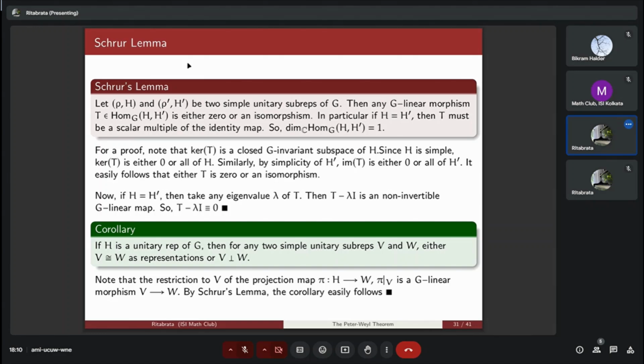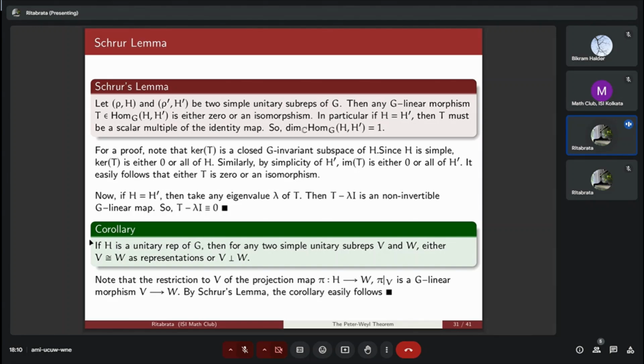That's it. It means that between the same simple unitary representation, all G invariant maps are just scalar multiples of the identity map. So basically, the dimension of Hom_G(H, H prime) is just one. All scalar multiples of a particular vector, which is the identity matrix or whatever.